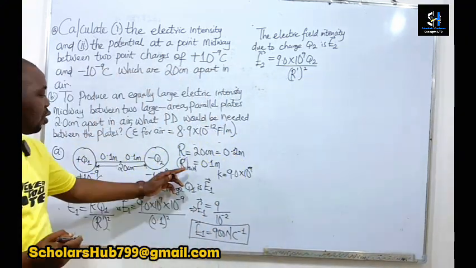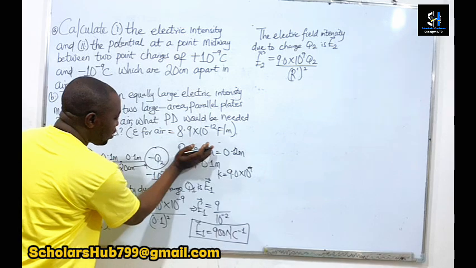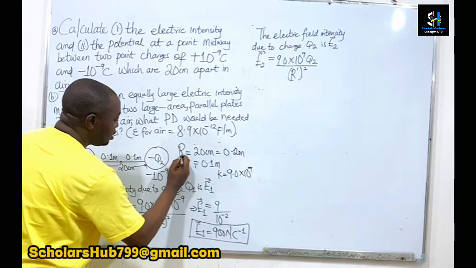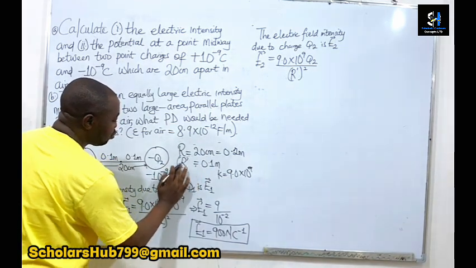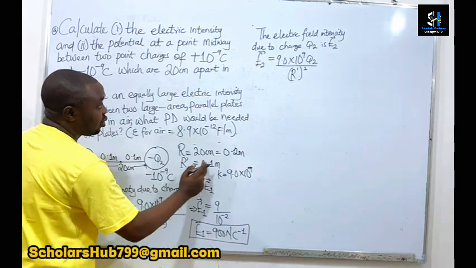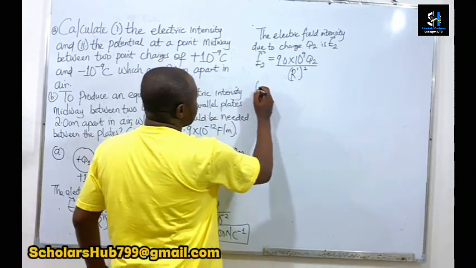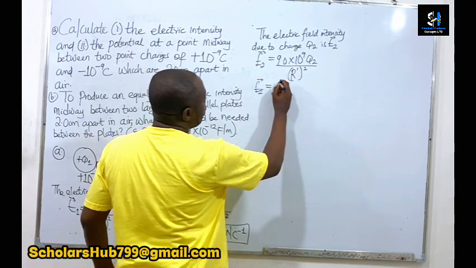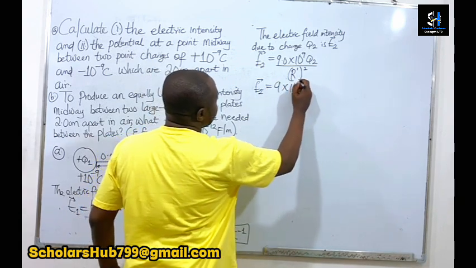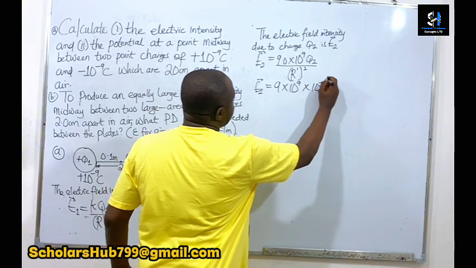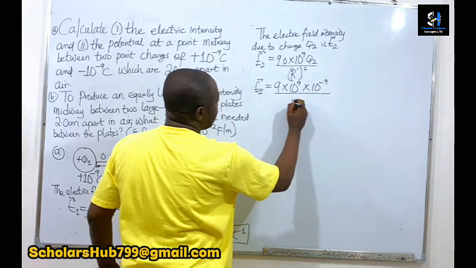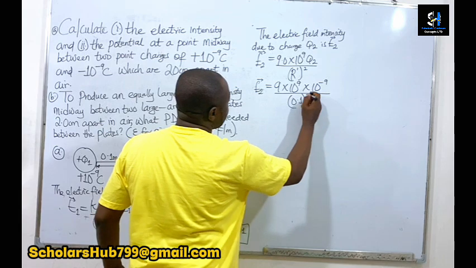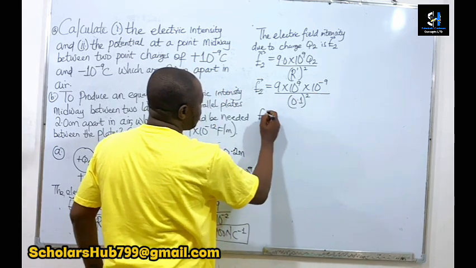Let's not forget that R prime represents the distance midway between the two point charges, that's 0.1. So the electric field intensity due to charge Q2 will be 9 times 10 to the power of 9 multiplied by 10 to the power of minus 9 divided by 0.1 squared.